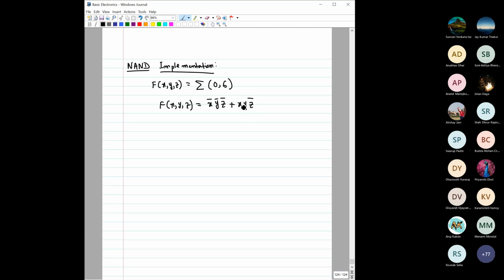and you have been asked just to implement this function using this NAND gate. Okay. So what you can do for this implementation is quite simple. You take a 3 input NAND gate, and connect these 3 inputs: x bar, y bar, z bar.